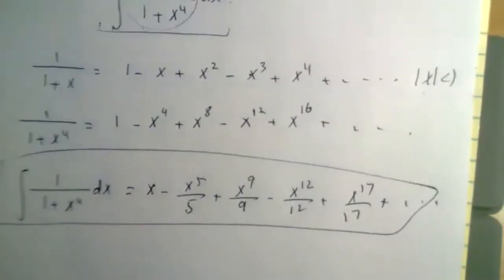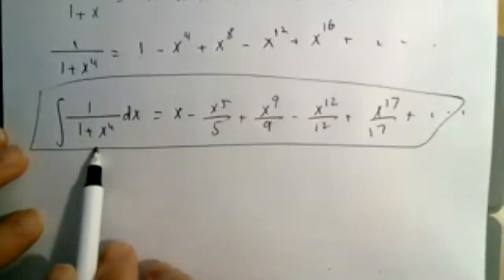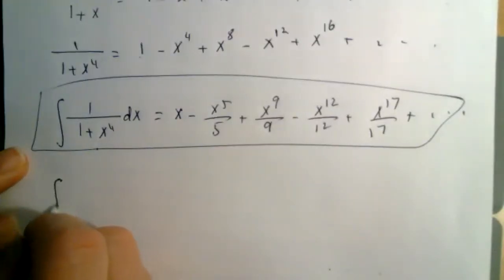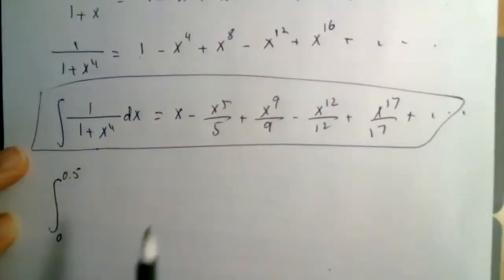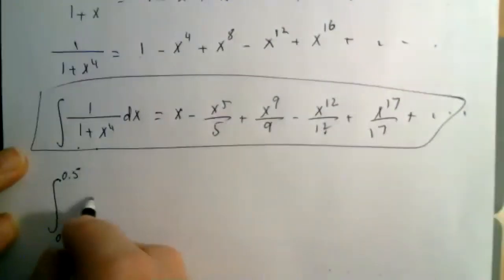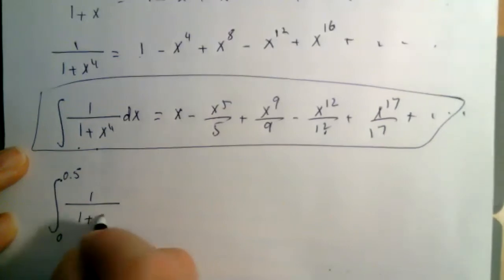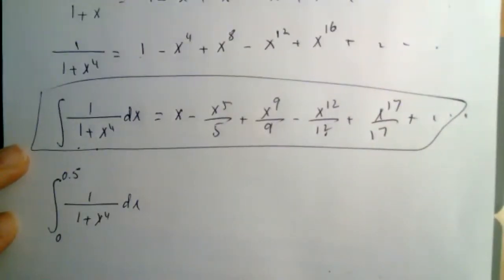Now, question number 2, I wanted to do the following. If we cannot find its antiderivative, since the only way to find its antiderivative is a power series, the only way to find the definite integral is actually to use the power series.